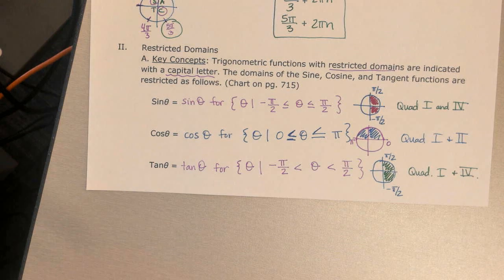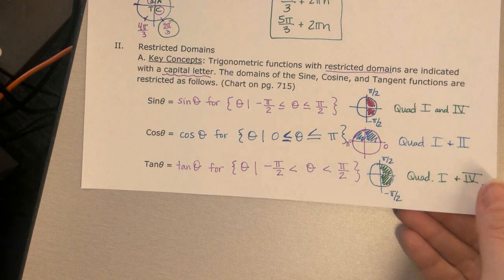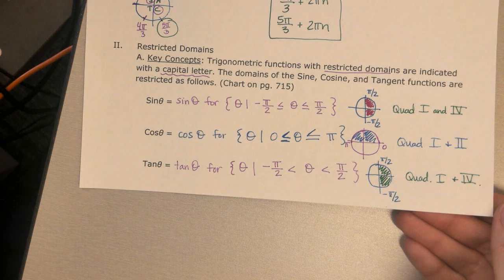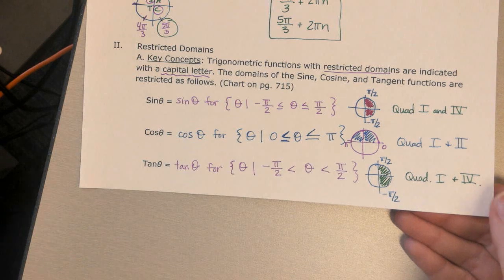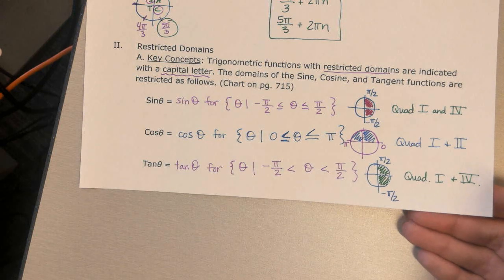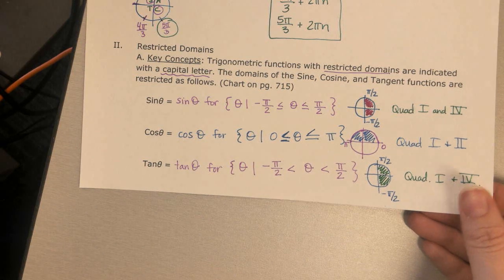All right. And then on the back, we're going to look at this special chart for the inverse of trig functions. Okay, if you have some highlighters, you might want those for your chart.